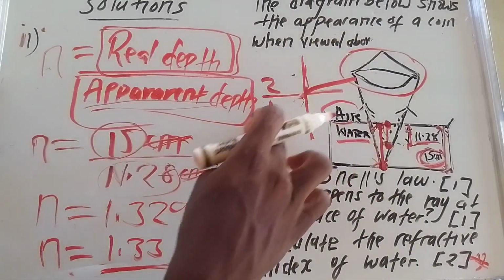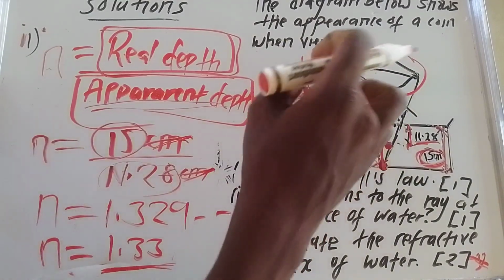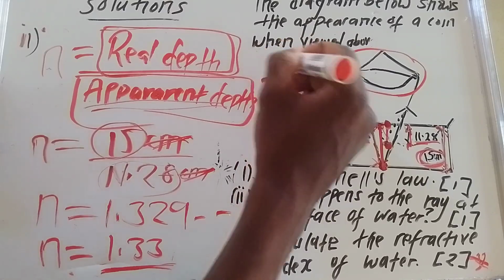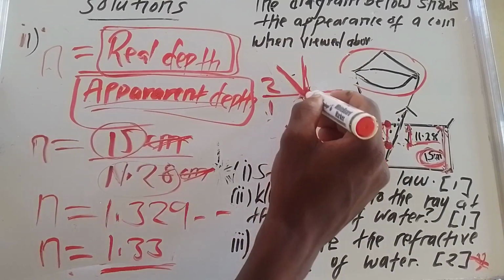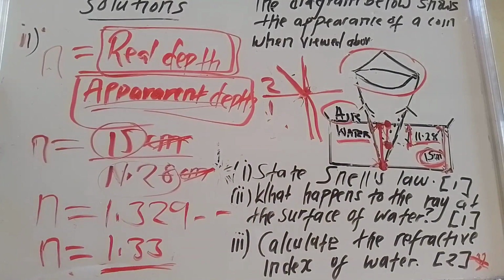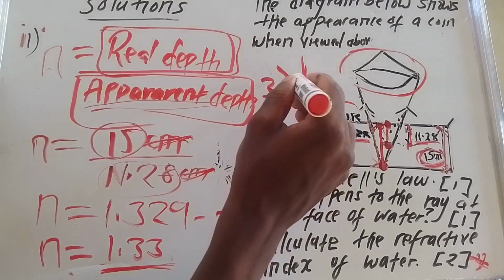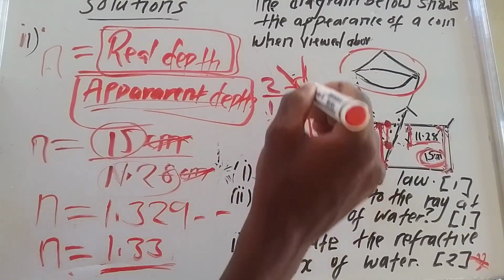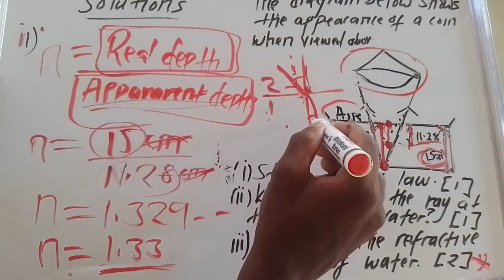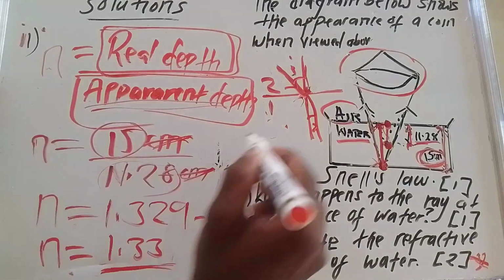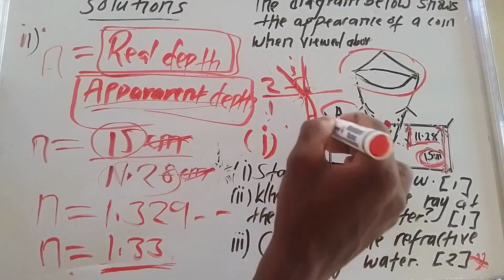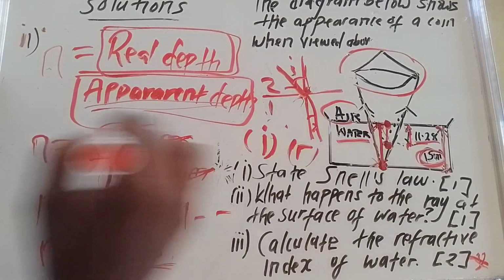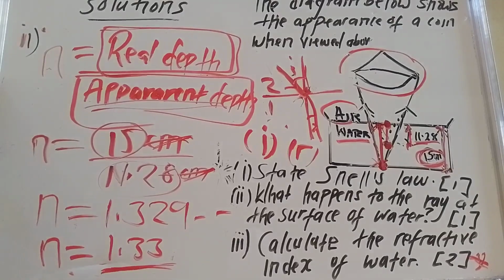But whenever a light ray is coming from a less dense medium to a denser medium, the ray of light is going to refract towards the normal. That is what we call refraction. Remember always that this angle is the angle of incidence, represented by theta I, and this angle is the angle of refraction, represented by theta R. Those are the points which I want you to know and master.